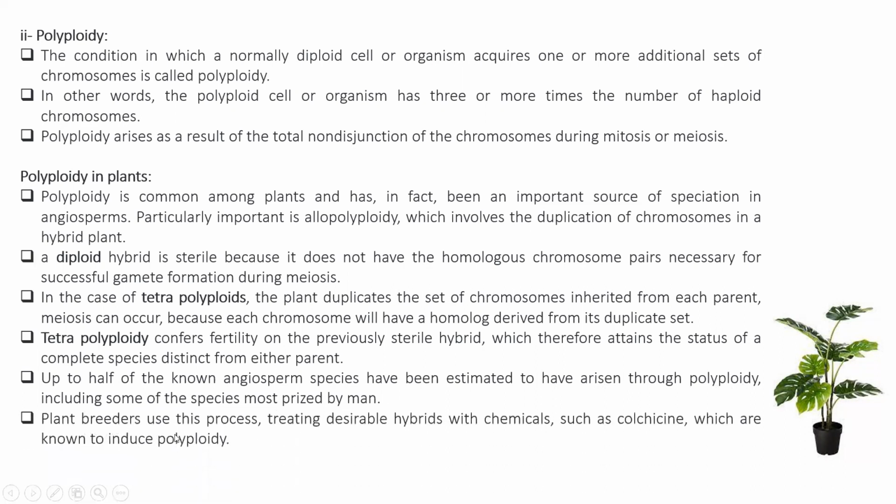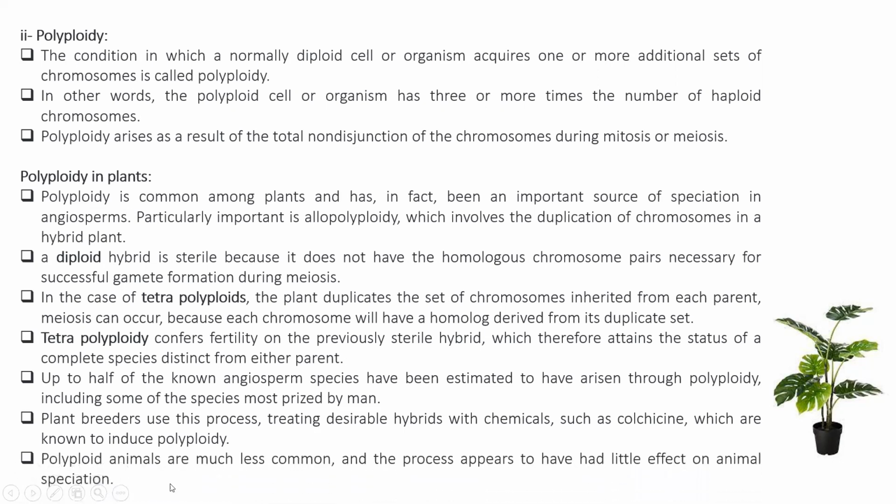Plant breeders use this process, treating desirable hybrids with chemicals such as colchicine, which are known to induce polyploidy. So this is the polyploidy which is observed in plants.